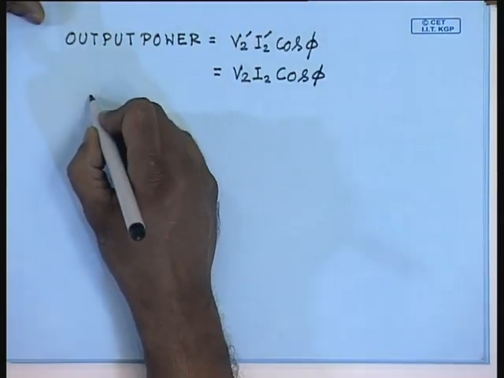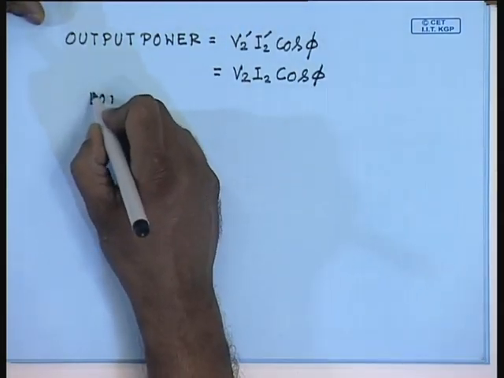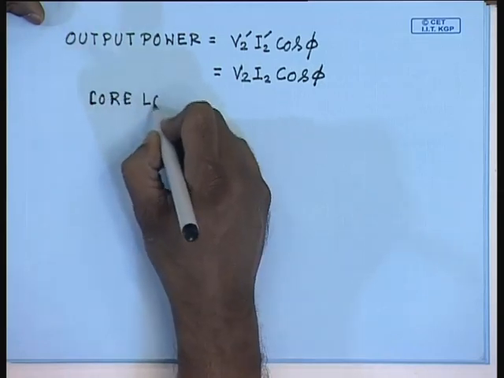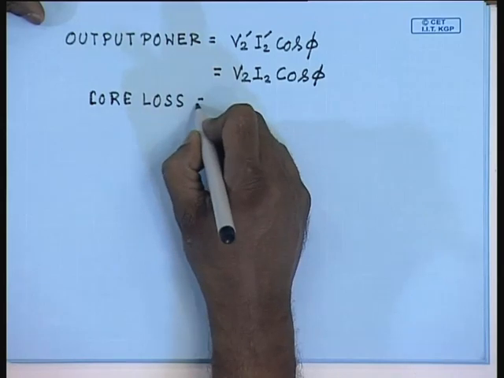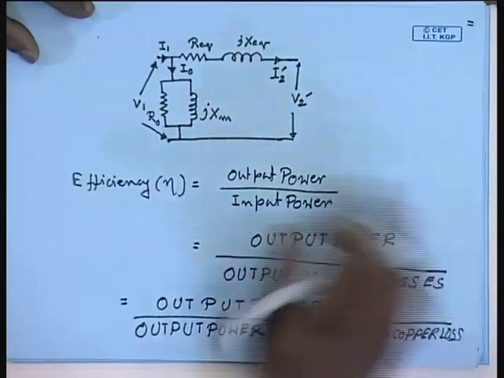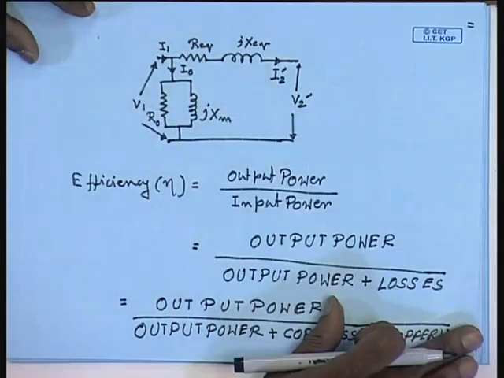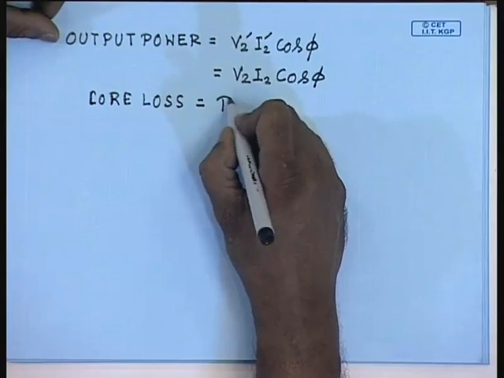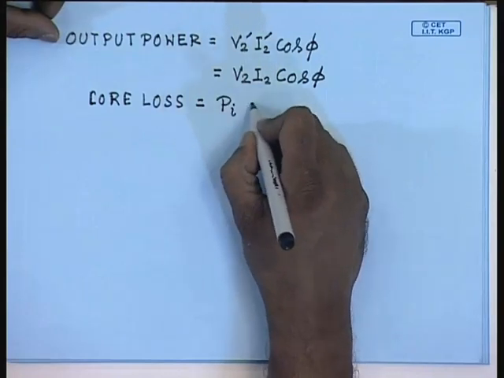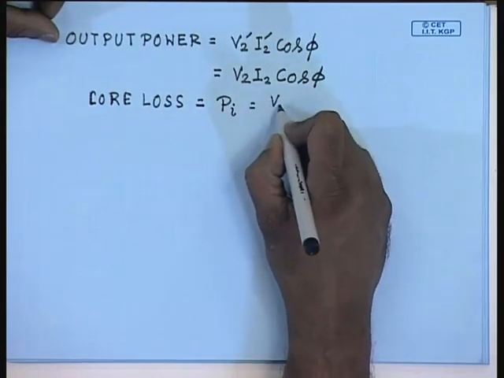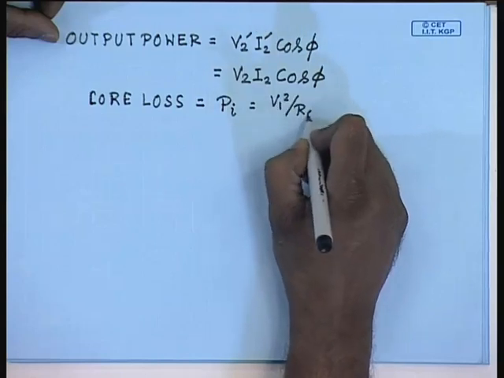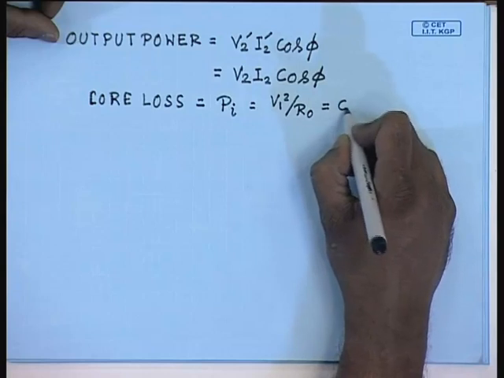Core loss is given by V1 square by R0. We indicate it as P core or P iron, and this is usually constant.